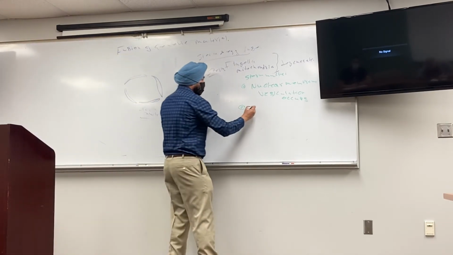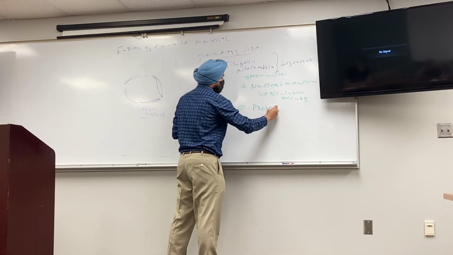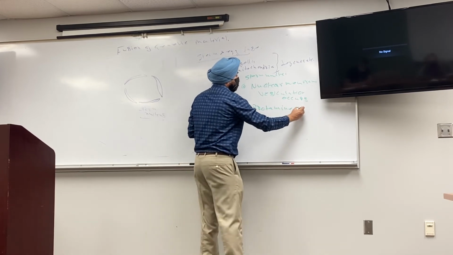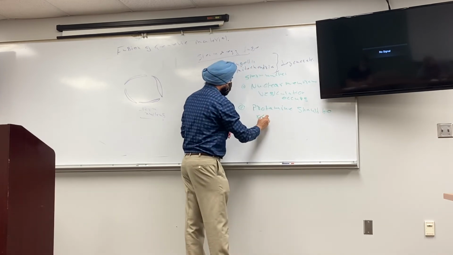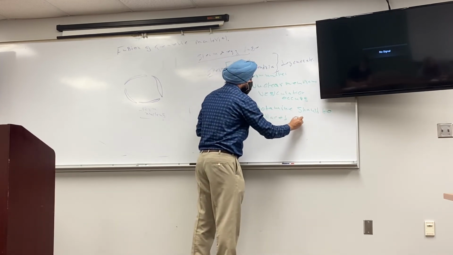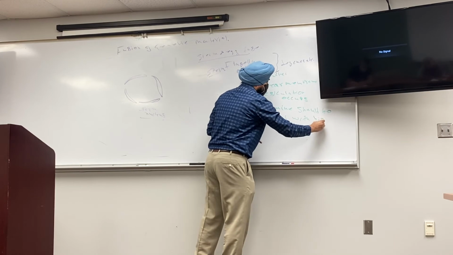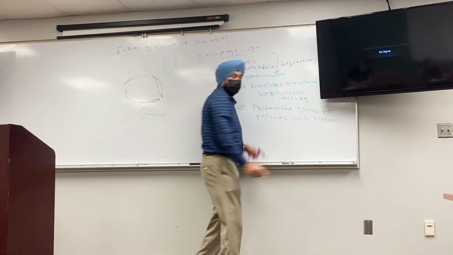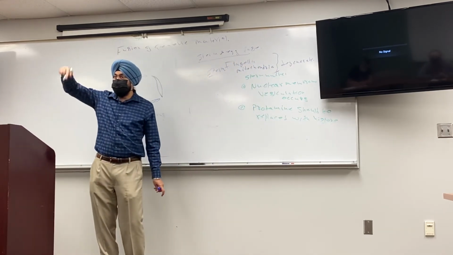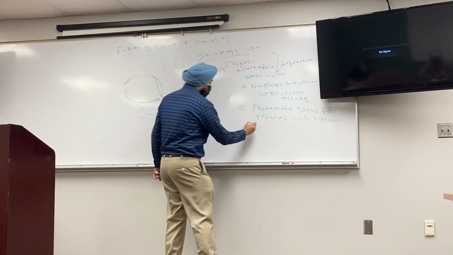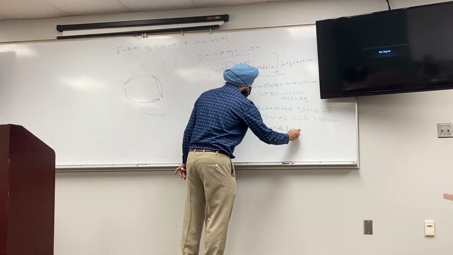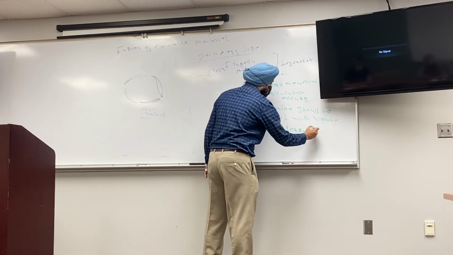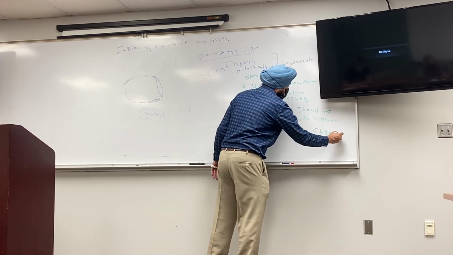So the protamines should be replaced with histones. And remember, we said histones are already being made from the egg mRNA, right? It was making so many of those. Therefore, decondense the chromatin.